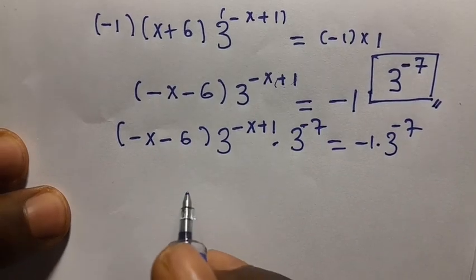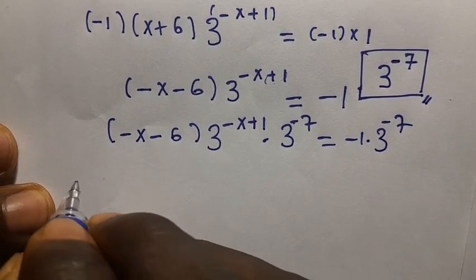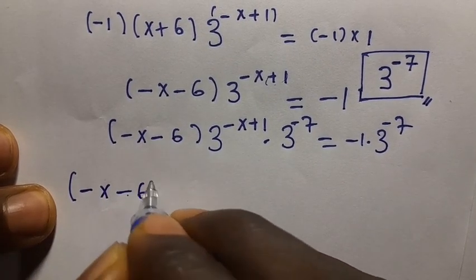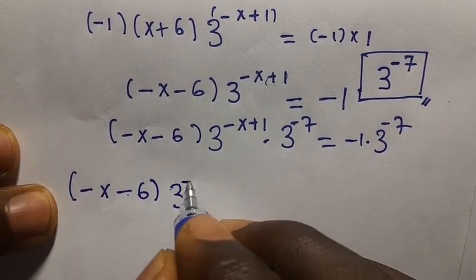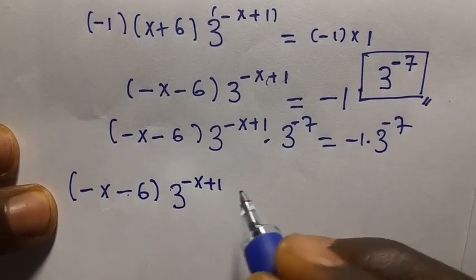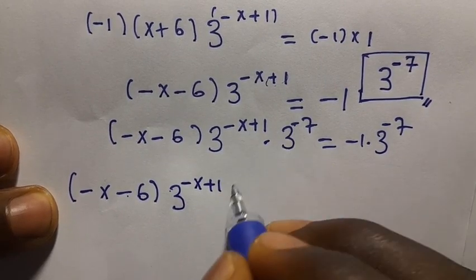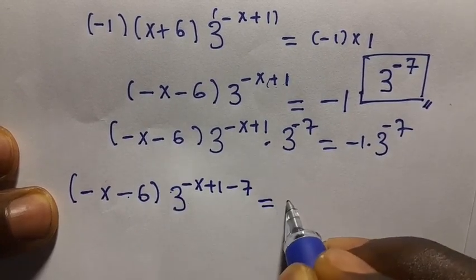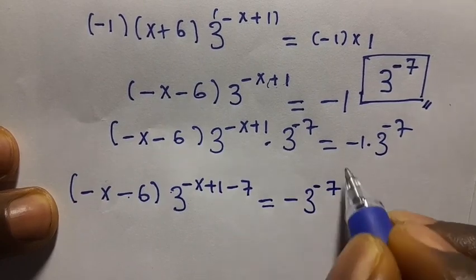Now from here, we're going to have minus x minus 6, 3 raised to power minus x plus 1. Since they have the same base, then we can add their power. And this one will now be minus 7, equals minus 3 raised to power minus 7.